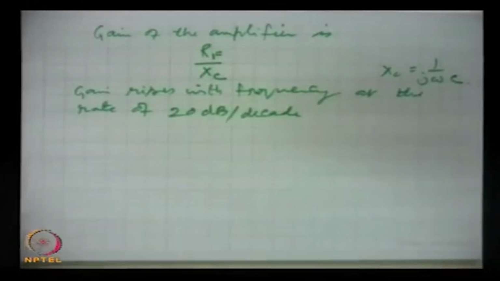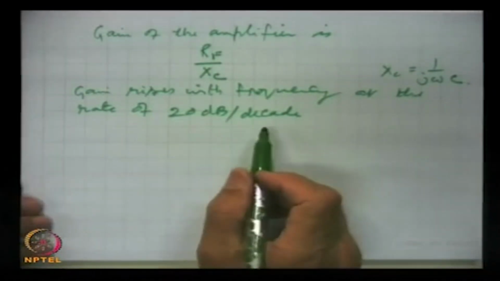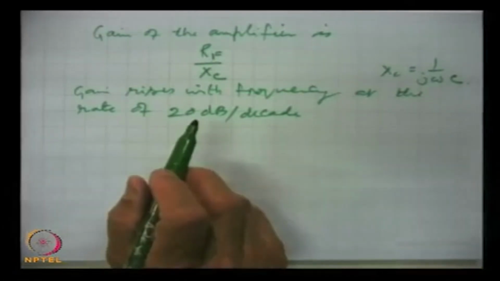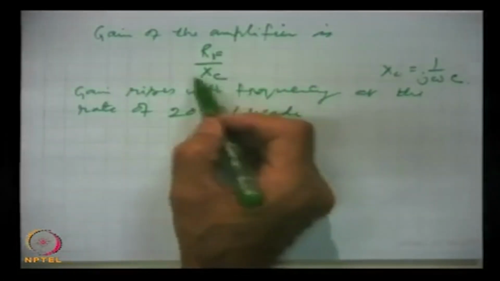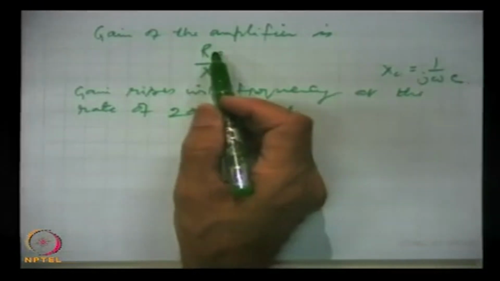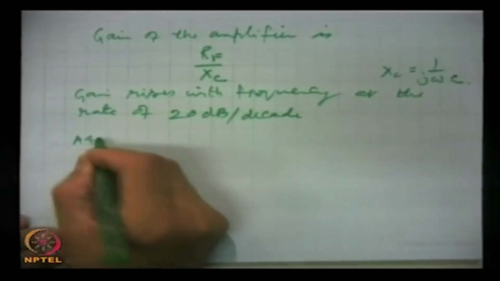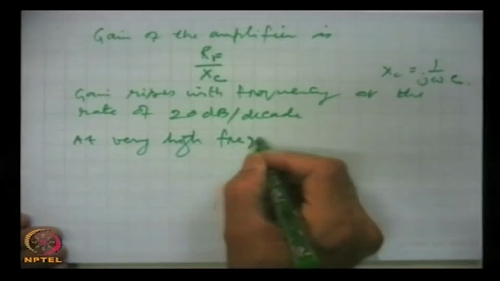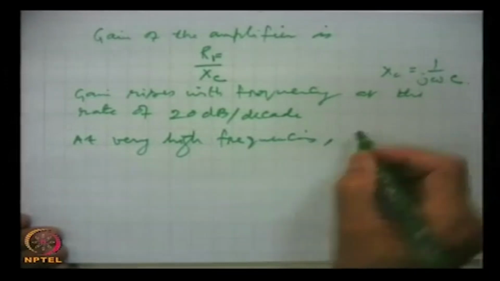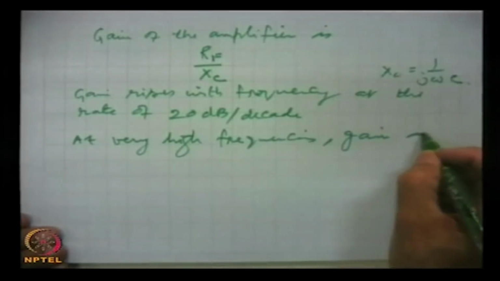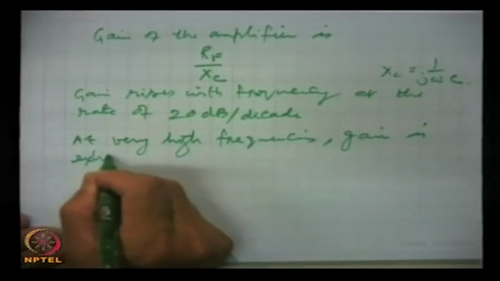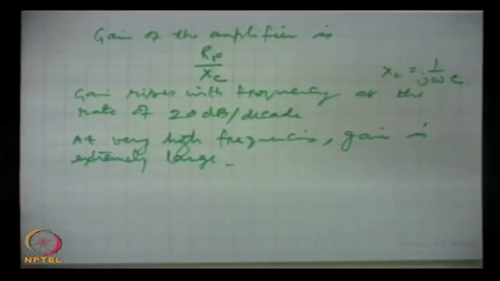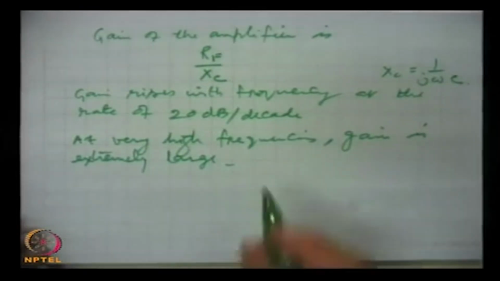So this is the change, and at very high frequencies this will be very low and gain will become very large. At very high frequencies gain is extremely large, and that makes the circuit unstable.